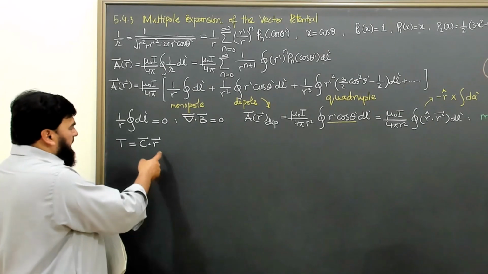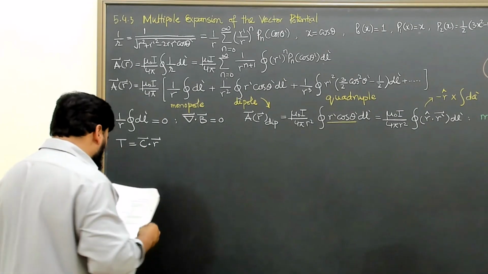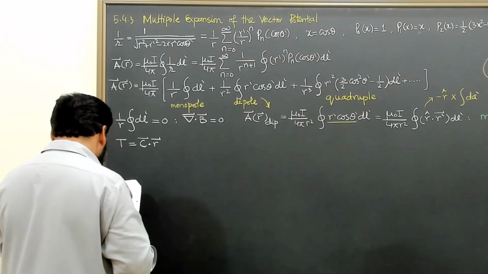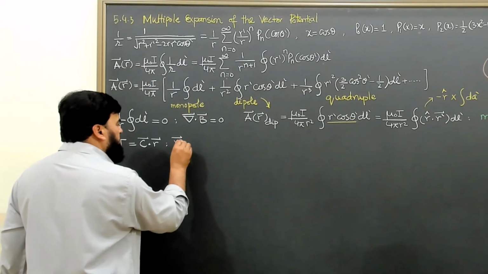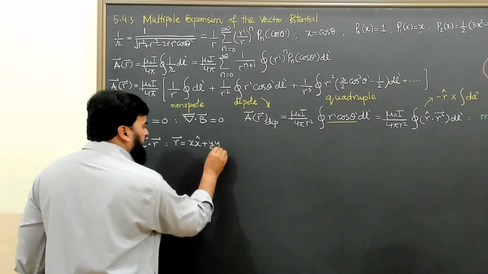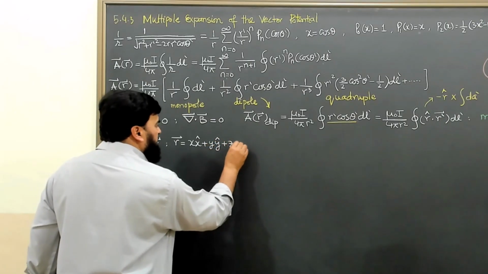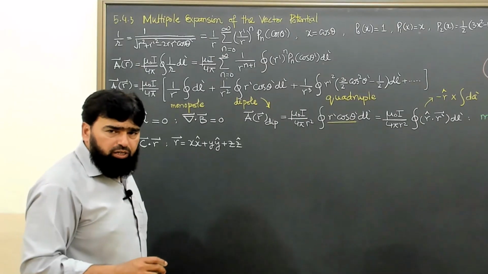So I suppose the scalar function t is a dot product of two vectors, in which c is a constant vector and r is the usual position vector, which I write as x in the x unit vector, y in the y unit vector, and z in the z unit vector, while c is a constant vector.